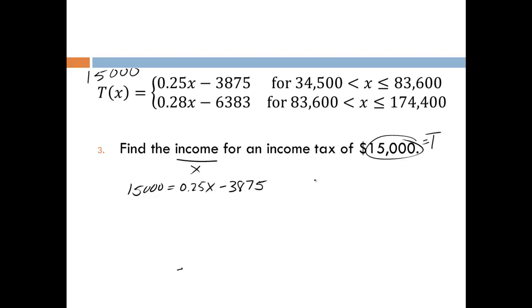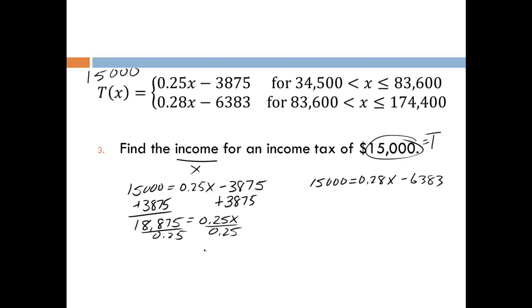And the second one will be very similar, but using the second piece: 15,000 equals 0.28x minus 6,383. So we need to solve both of these equations. So x equals 75,500.